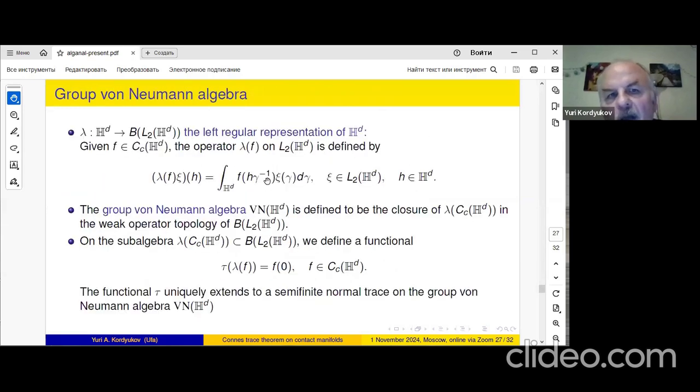So we can consider the left regular representation, the corresponding group von Neumann algebra, and there is a standard von Neumann trace on this von Neumann algebra. And this really will play the role of integration with respect to this non-commutative algebra of symbols.